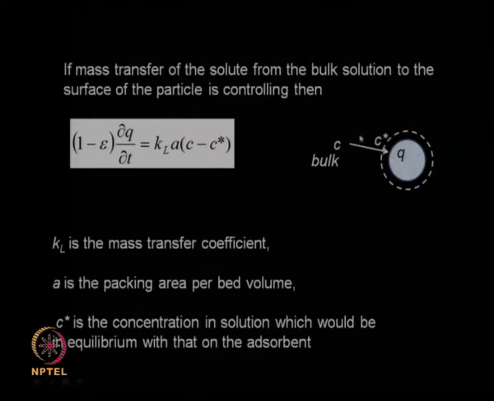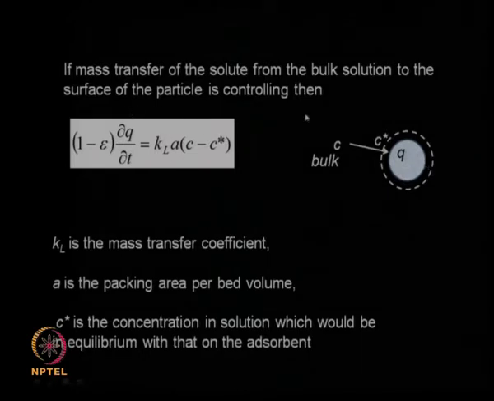So if the mass transfer of the solute from the bulk to the surface is controlling, then you can consider an equation like this: (1 minus epsilon) dq by dt is equal to KL A into (C minus C star), where C is the concentration of the solute in the bulk, C star is the concentration of the solute on the surface of your particle, KL is the mass transfer coefficient, A is the packing area per bed volume, epsilon is your voidage, and Q is the concentration of the solute on the stationary phase, okay.